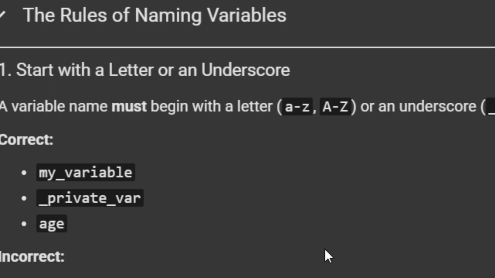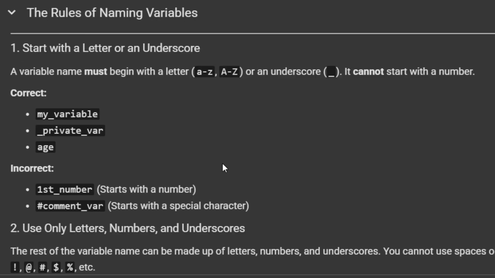Now let's discuss some rules for declaring variables. When it comes to declaring a variable name, there are some Python guidelines we need to follow. Please keep in mind that the name should start with an uppercase or lowercase letter, and you can also use an underscore.